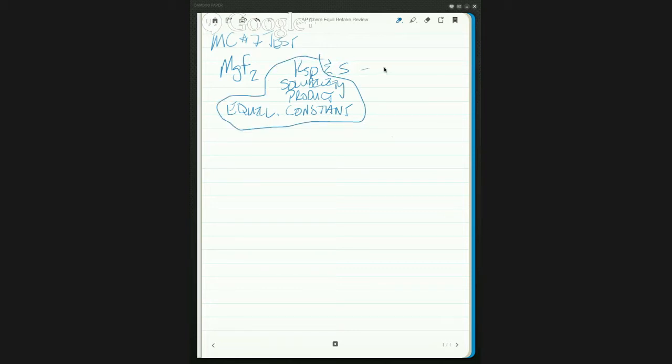And S is sometimes listed as solubility, sometimes as molar solubility. Okay, and so that's what S is right here.